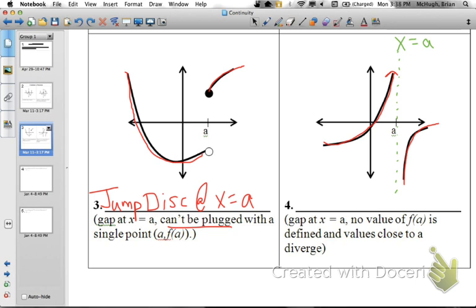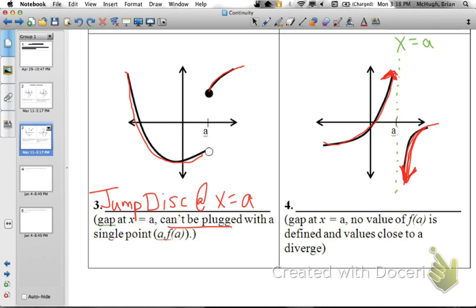But the idea here is on the left side, this function bends upwards and keeps going upwards forever towards infinity, getting closer and closer and closer to a on the left side. And this piece of the graph goes downward forever and ever and ever, getting closer and closer to a from the right side of this graph.